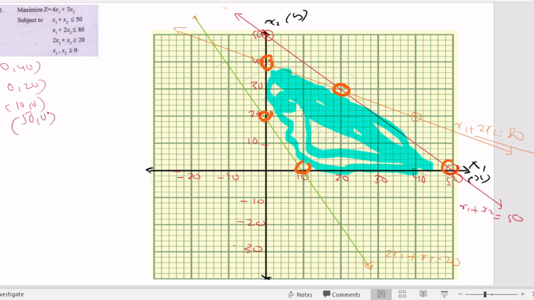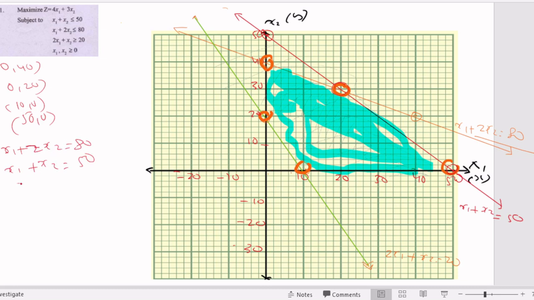So only one point we need to calculate. We have to calculate it using the orange and the red equations. The orange line equation is x1 plus 2x2 is equal to 80, and this one is x1 plus x2 is equal to 50. You can use the substitution method or any other method.